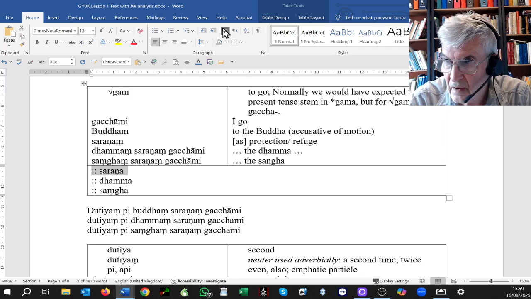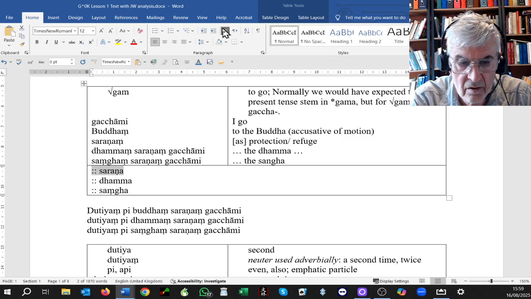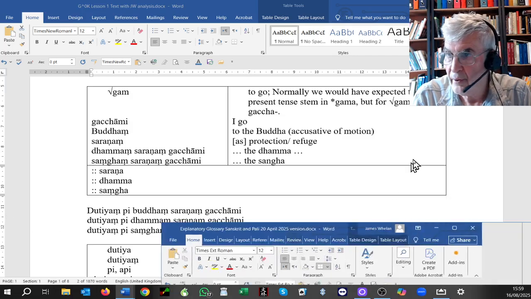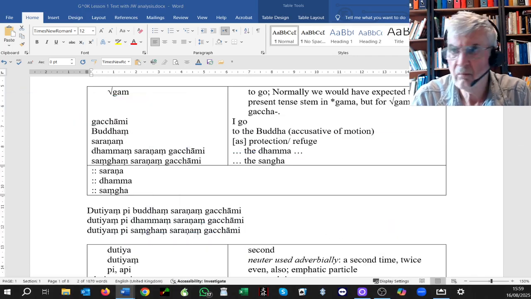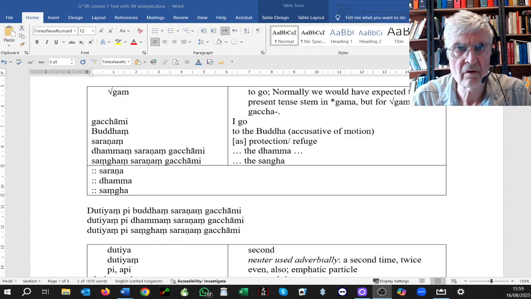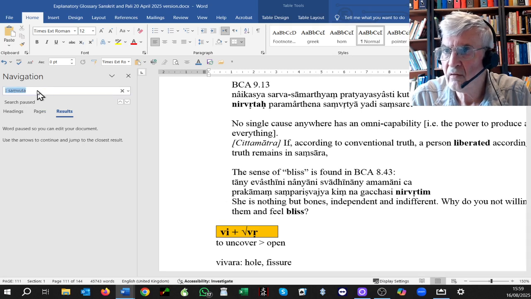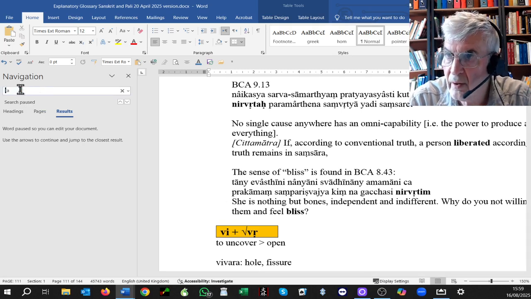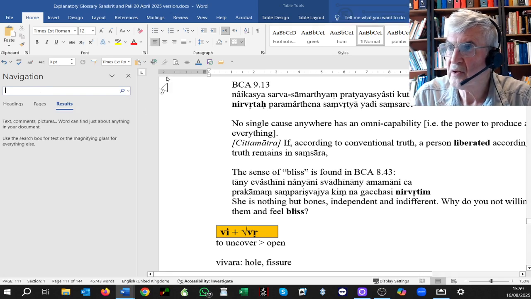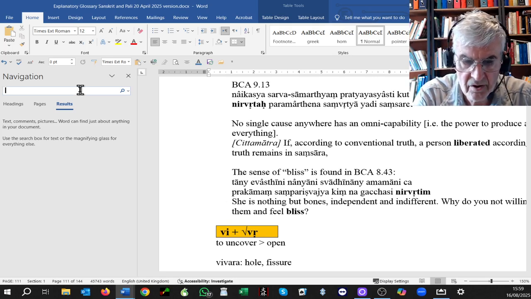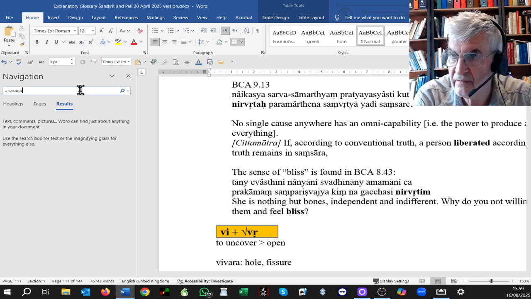I'm highlighting and control copy. Now call up the explanatory glossary, and then the navigation, which is the search. Now paste that word into search.